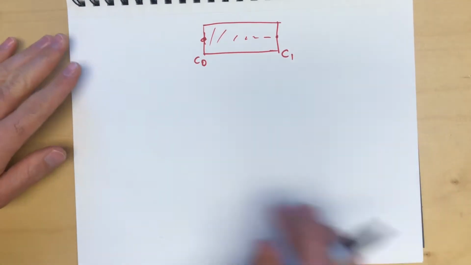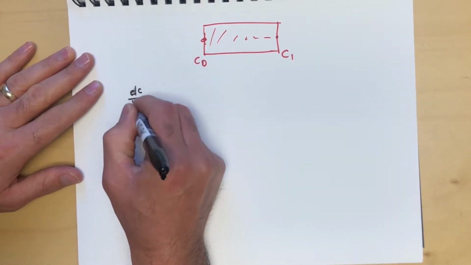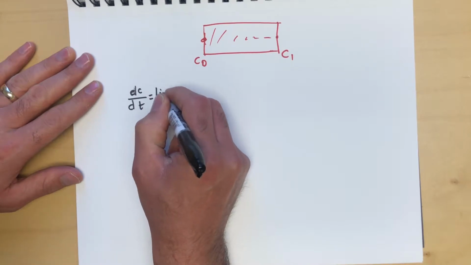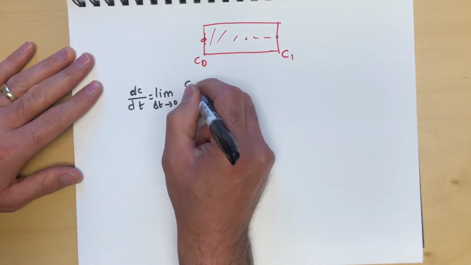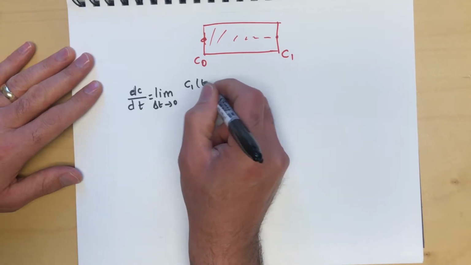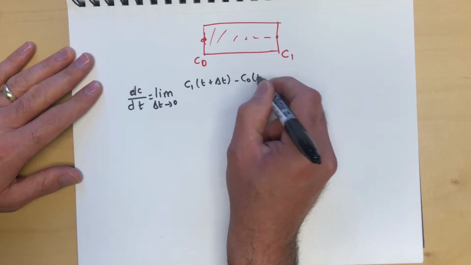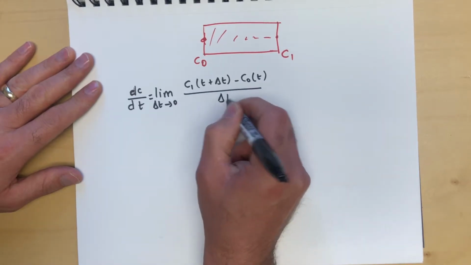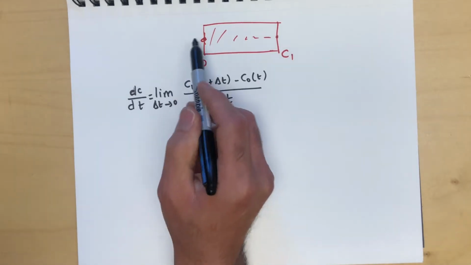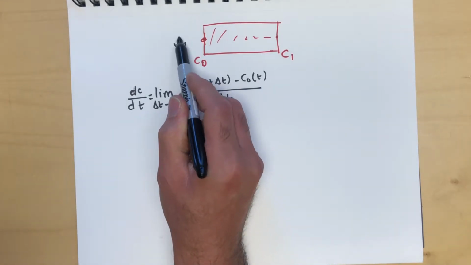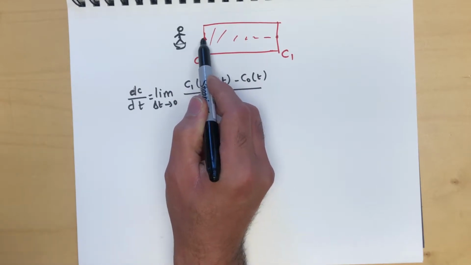So the way we're going to write this is as follows. dC by dt is equal to the limit as delta t approaches 0 of (C1 at t plus delta t minus C0 at t) over delta t. Now, the idea here is that the person on the boat, they arrived at time t, they arrived at position C0, okay?